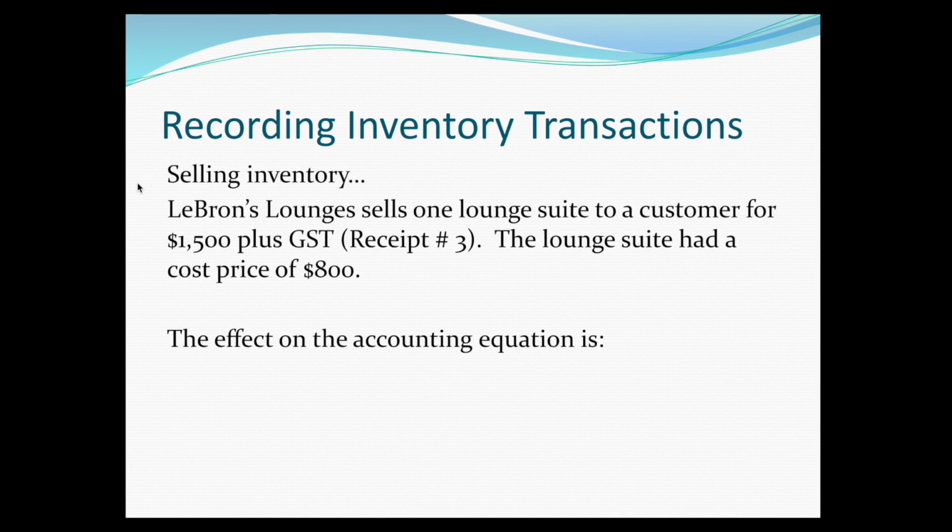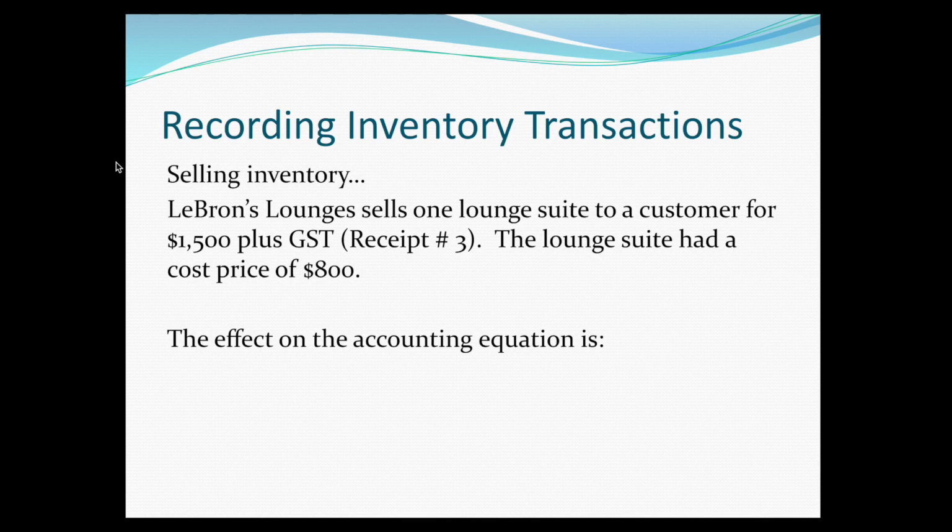All right, so recording inventory transactions. Let's say selling inventory. LeBron's Lounges sells one lounge suite to a customer for 1,500 plus GST. The lounge suite had a cost price of 800. So what's the effect on the accounting equation?